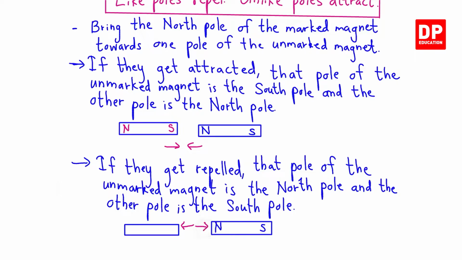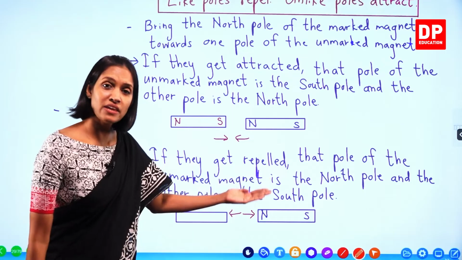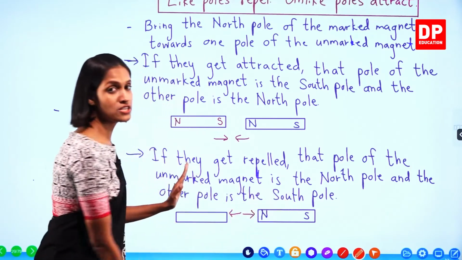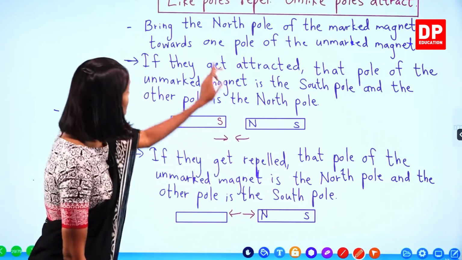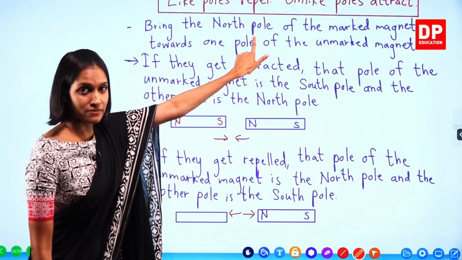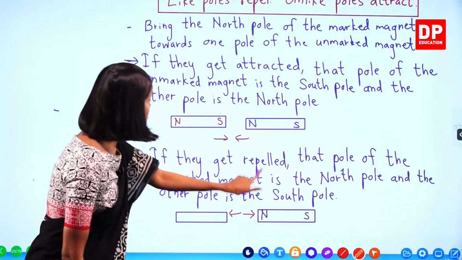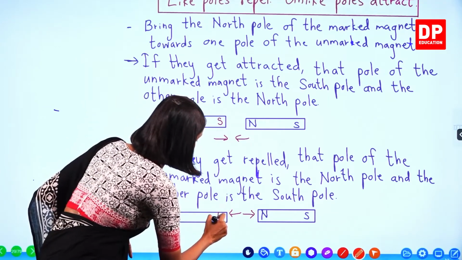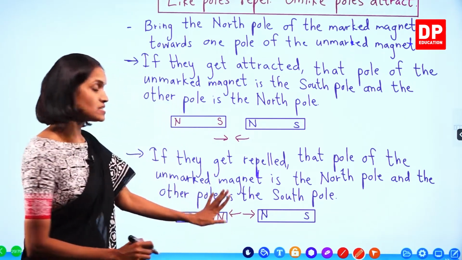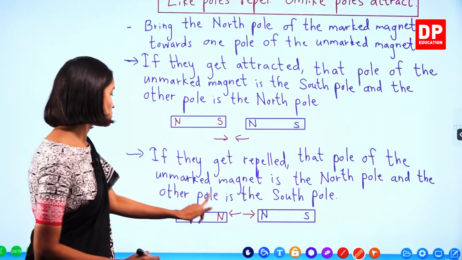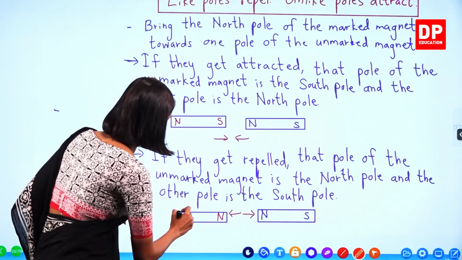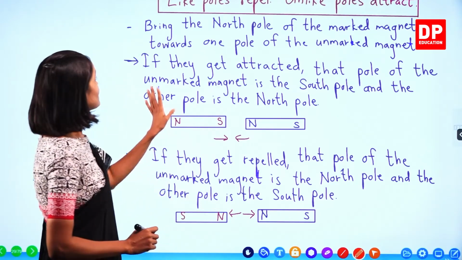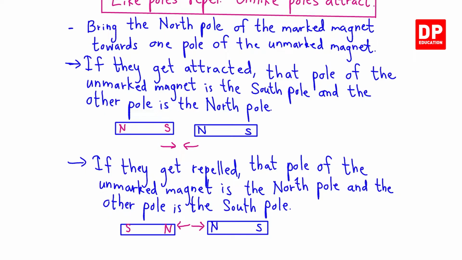If they repel, they move away from each other, which means like poles repel. So if this is north, if this side gets repelled, this one also has to be north. So if this side of the unmarked magnet is north, the other automatically becomes south. Understand, children?